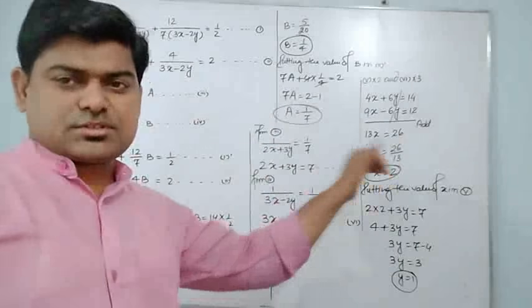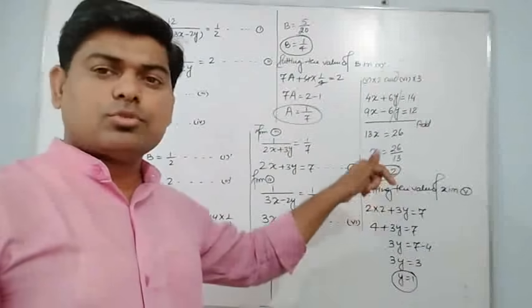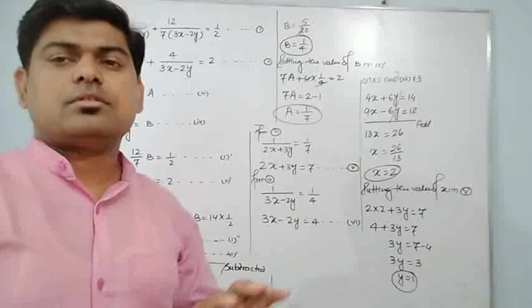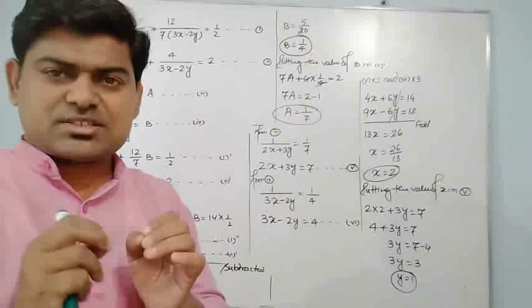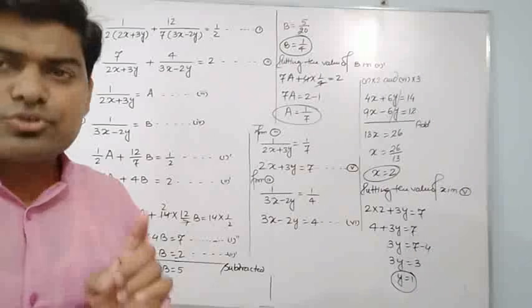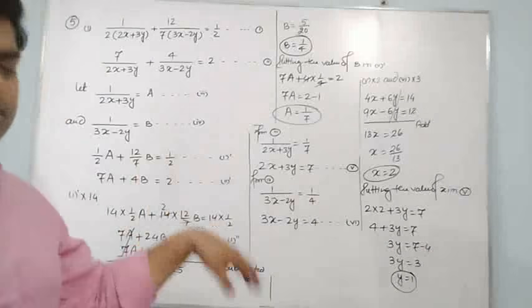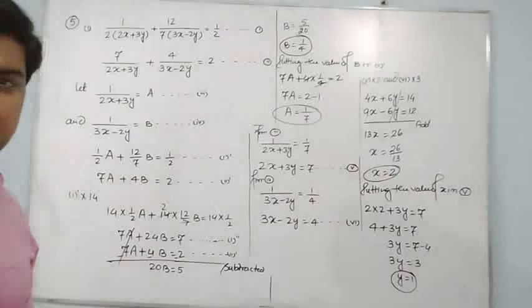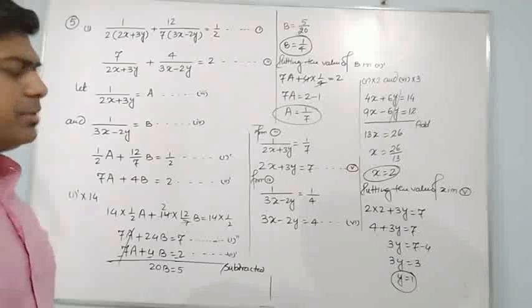And both times, either for a and b or for x and y, I applied the elimination method. Again I am repeating myself, it is not necessary that we have to use elimination only. We are free to use any one of the given last 3 methods. So you can take a screenshot of this one. And now we have completed one more question.